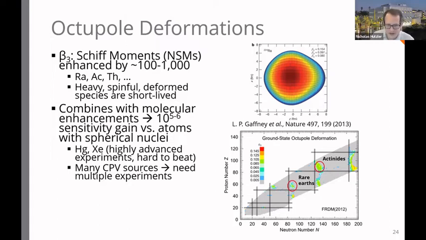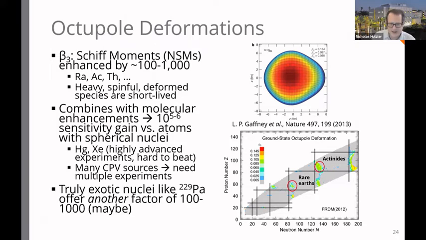But also remember, we actually need multiple experiments in multiple systems anyway to get robust limits and properly interpret the results of the experiments. Just as a side note, truly exotic nuclei like protactinium, which I mentioned earlier, could offer an additional factor of 100 to 1,000, maybe, but there are some nuclear structure questions that need to be answered.